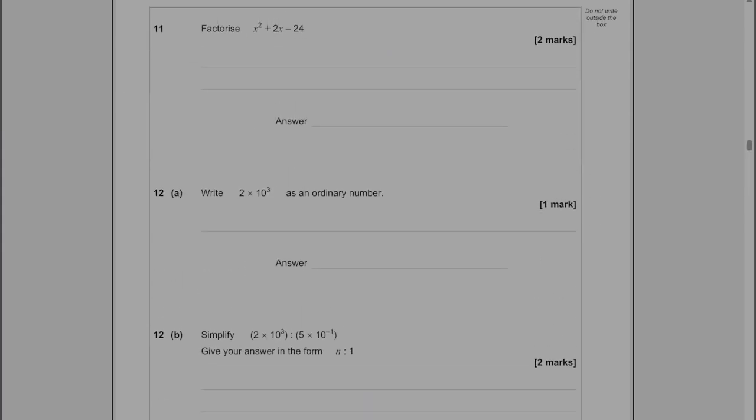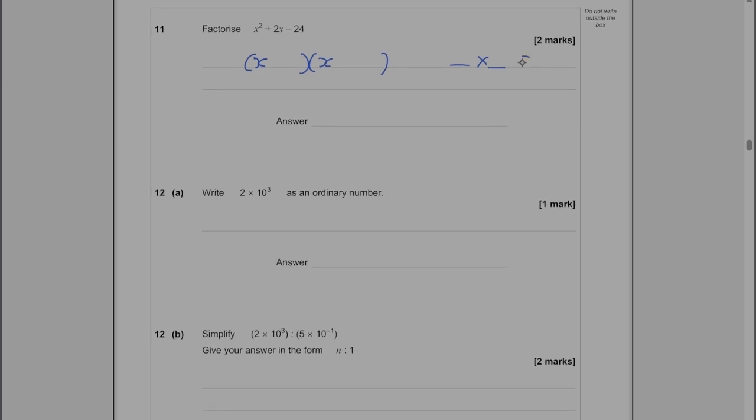Okay, question 11, factorize. That's going to go into 2 brackets, both starting with x. Then I'm looking for 2 numbers that multiply together to make minus 24 and add together to make 2.